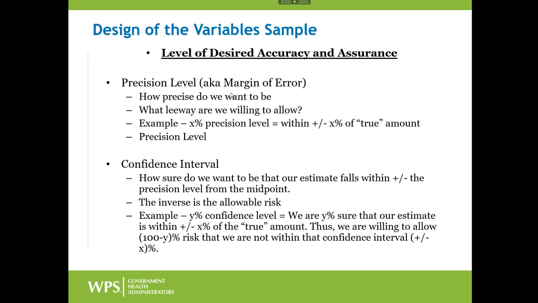Now, when we talk a little bit about the design of the variable sample from an audit perspective, there are two basic things that come into play in determining the desired level of accuracy and assurance that's provided by that auditor in their testing. These two terms are known as the precision level, also known as the margin of error, or the confidence interval. They work hand in hand with one another. Now, these are all estimates of risk. The idea is that sampling risk, again, it does exist.